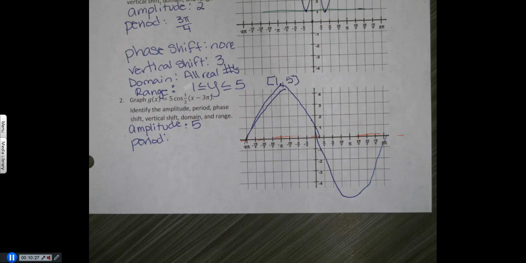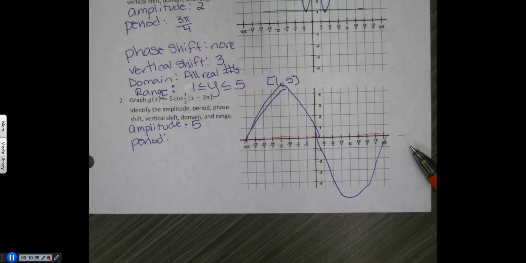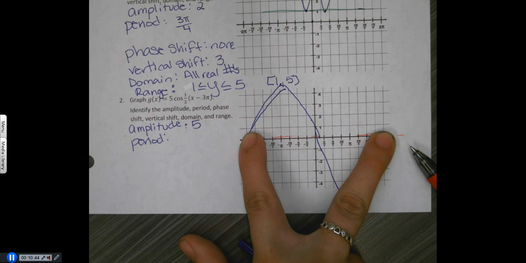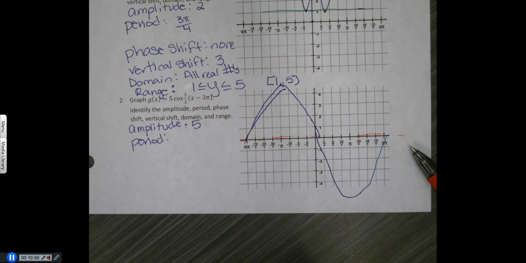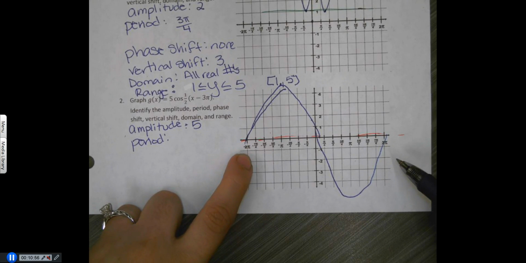That's how I like to think about period, how long it would take to make a circle, because we were working with circles yesterday. So how long does it take to do this whole wave? How far is it from here to here? From negative 2 pi to positive 2 pi. 4 pi.